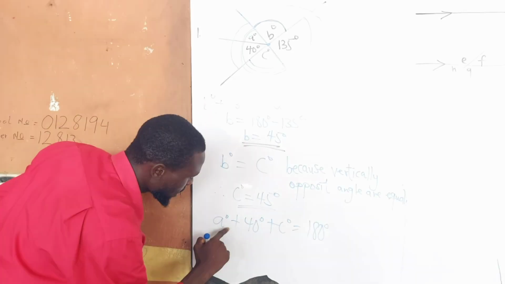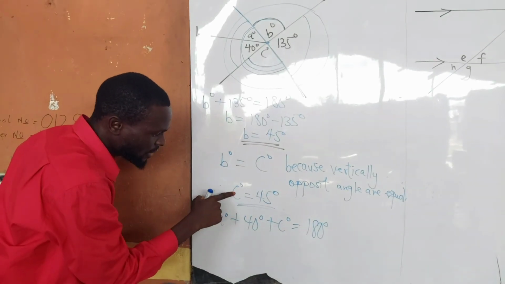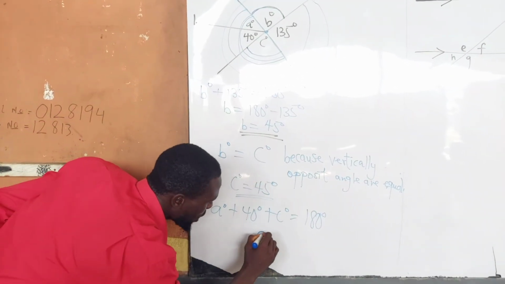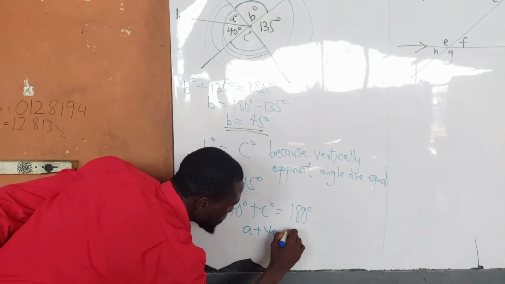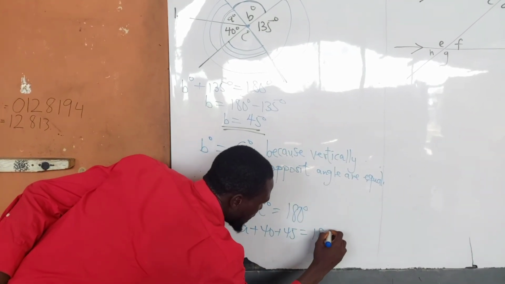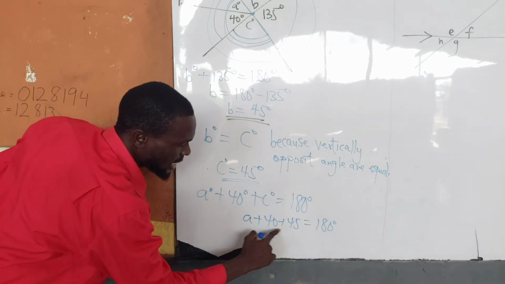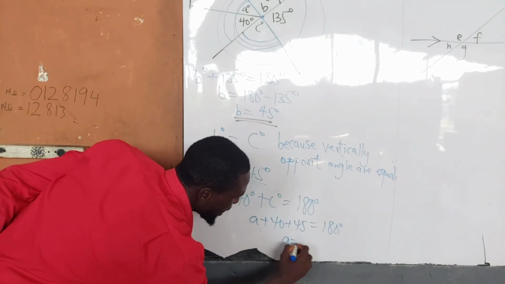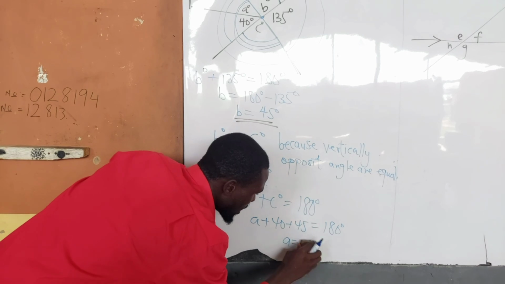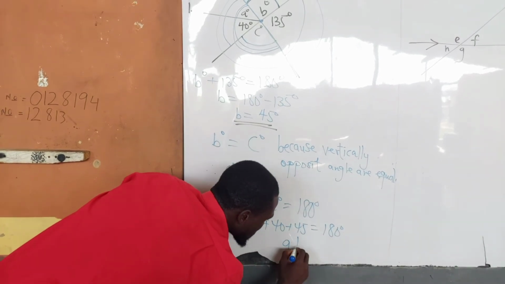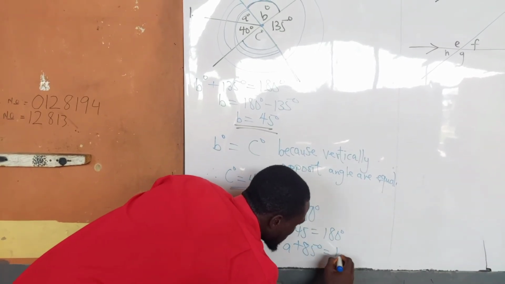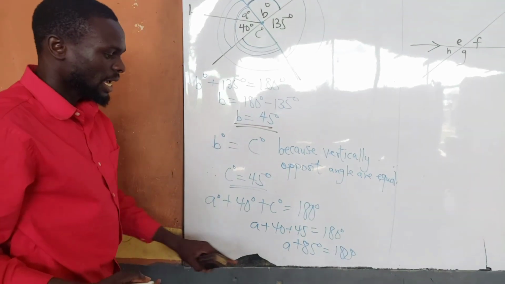So we have C, which we solved to be 45. So A plus 40 degrees plus the 45 is 180 degrees. So putting this and this together, A plus 85 degrees is equal to 180 degrees.